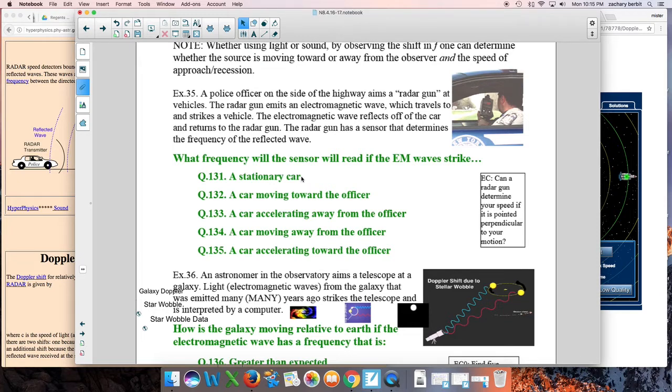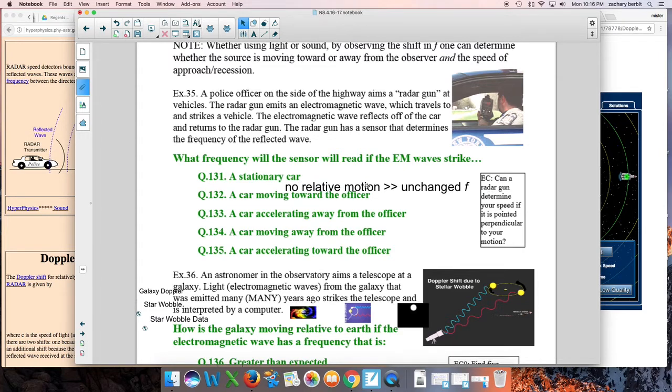Well, if the car is not moving, and let's assume here the policeman is parked on the side of the road, so if the car is not moving and the policeman's not moving, we have no relative motion. So we have the unchanged frequency.